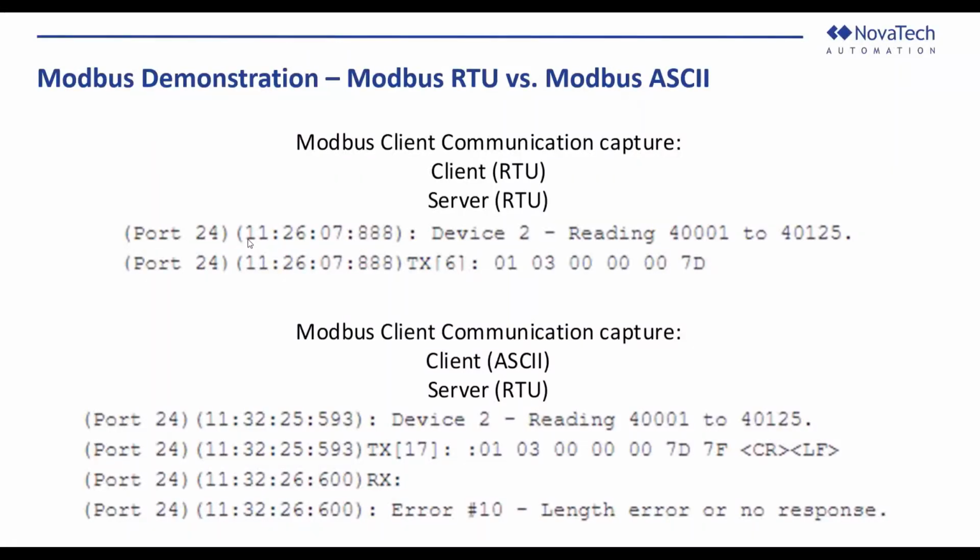In general, I will say that Modbus RTU and Modbus ASCII, as the messages appear differently, as the data looks different, are incompatible with each other. If one device is RTU and the other device is Modbus ASCII, and you try to have those communicate with each other, you'll see with my example on the screen, at the top half of the screen, when the client and server are in agreement, we're polling certain points, and it's sending the information.